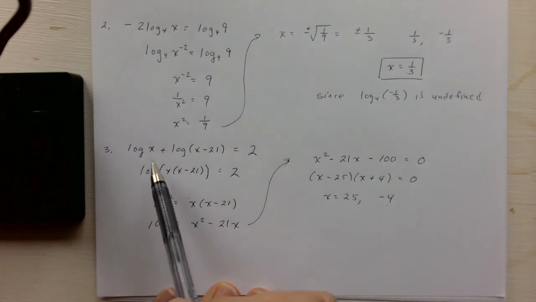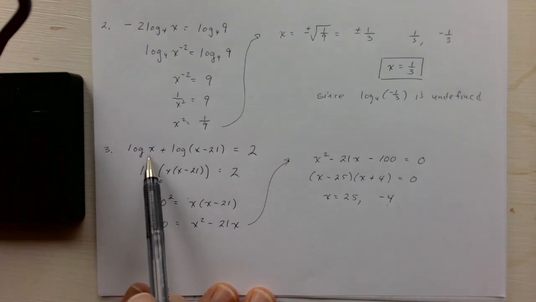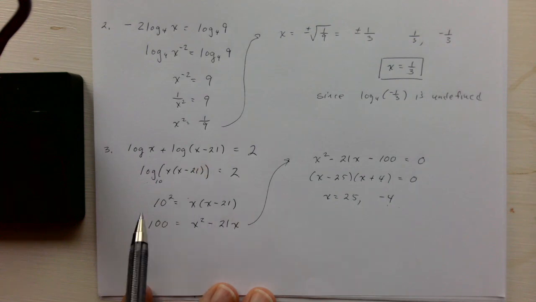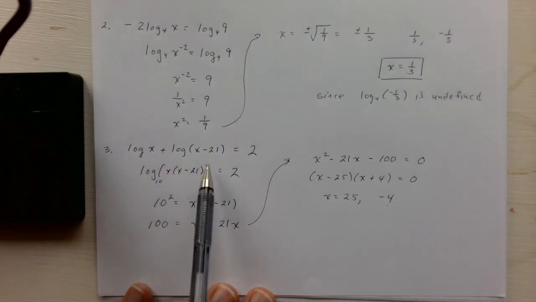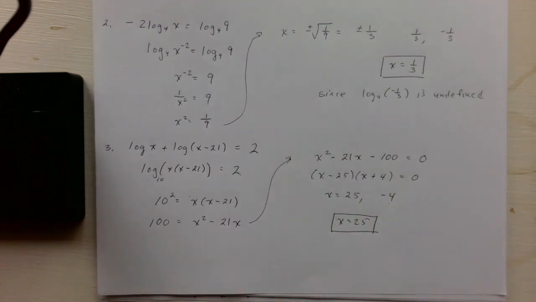If you plug 25 in here, you get the log of 25 plus the log of 4, and that's the log of 100, which is 2. So x equals 25 is the only solution. So you definitely want to check your answers when you're solving a logarithmic equation.